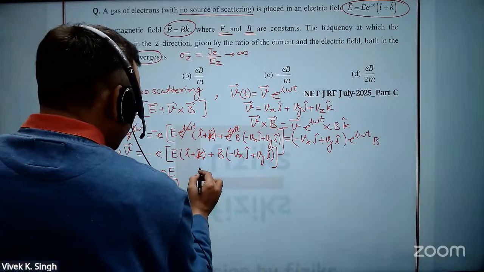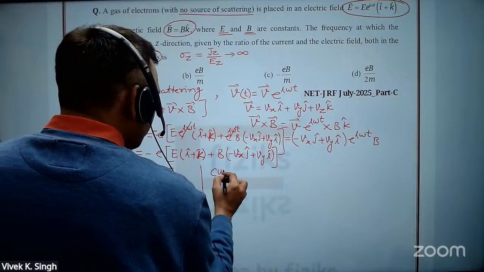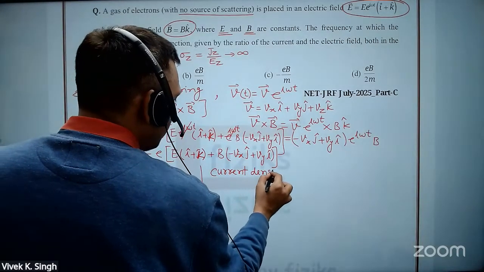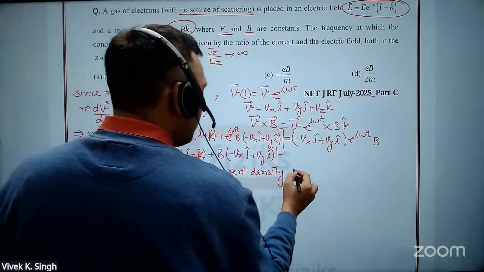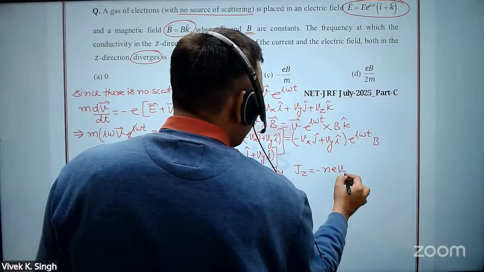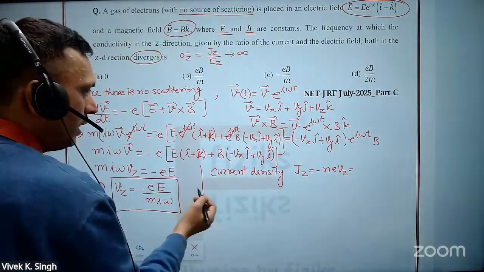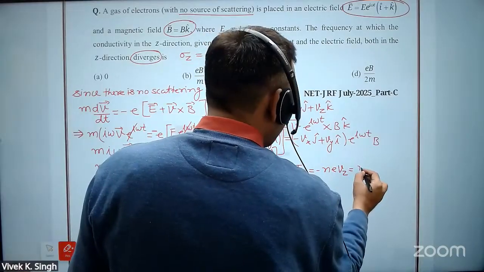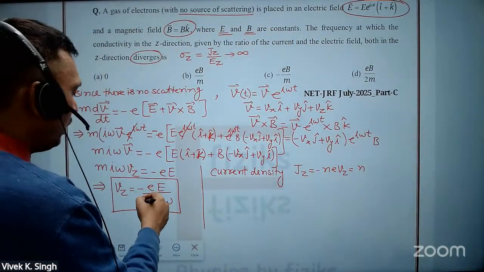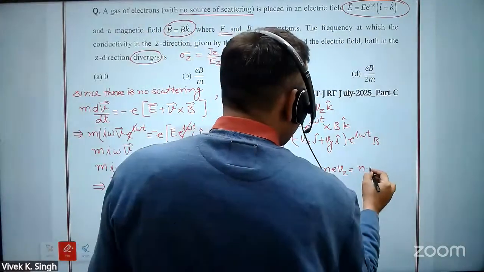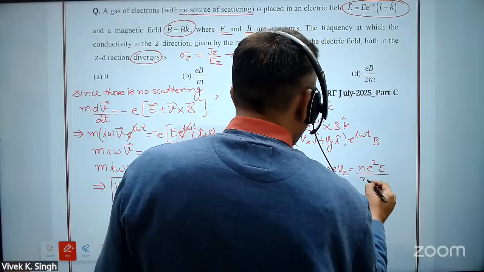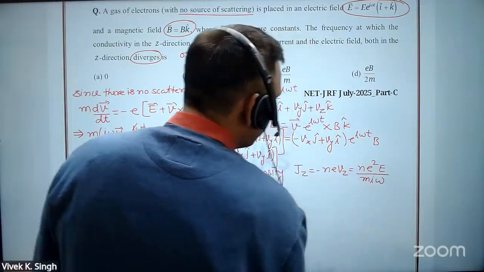Then the current density, having Z component only. So I am writing minus Ne Vz. If you multiply with Ne, N is the number per unit volume. So this is Ne square E by m iota omega.